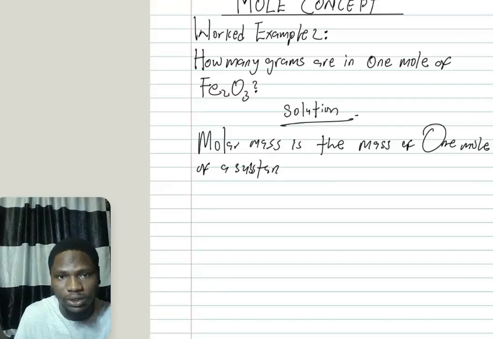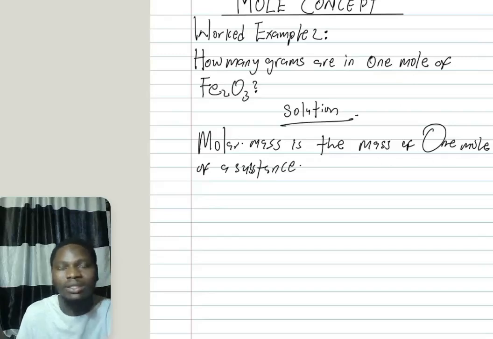We've learned this already. Now, they say how many grams are in 1 mole of Fe2O3? You see, grams in 1 mole. They are saying mass in 1 mole, and that is actually molar mass. In other words, you are asked to calculate the molar mass of Fe2O3, and that is it.